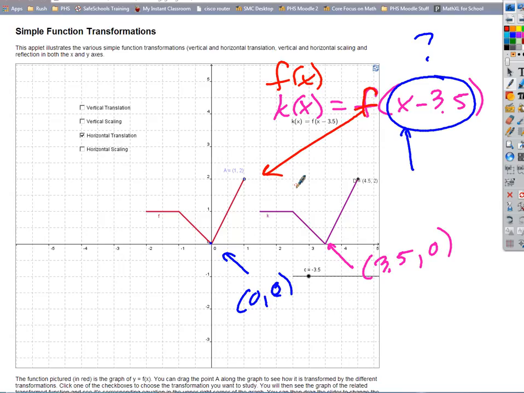So if I input negative 3.5, that'd have to be a plus sign, wouldn't it? Because if I input negative 3.5, I would have to add a positive 3.5 to feed the red shape that 0 for x, so it knows to spit out the red y value of 0 for the vertex. Okay? You have to sit there and ponder that a little bit before it becomes clear, but it will.